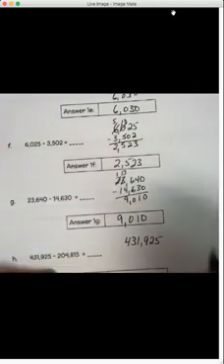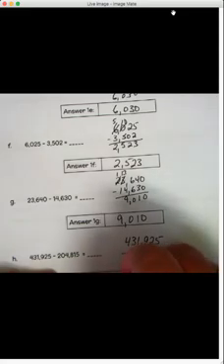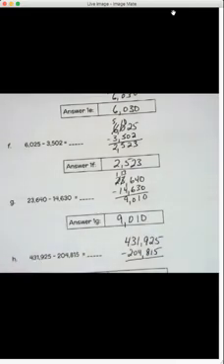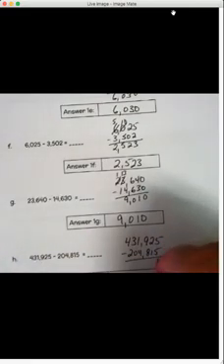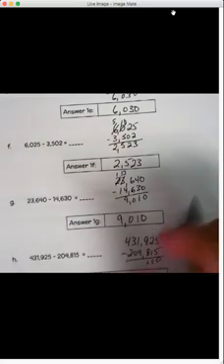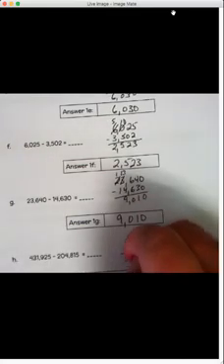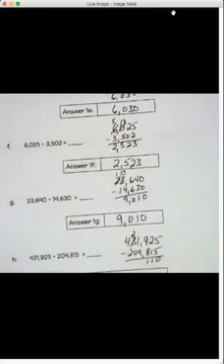431,925. Getting the big problems now. Minus 204,815. Okay, subtract. 5 minus 5 is 0. 2 minus 1 is 1. 9 minus 8 is 1. I can't take 4 away from 1, so I've got to borrow from the 3. Borrowed 1 and made it a 2.